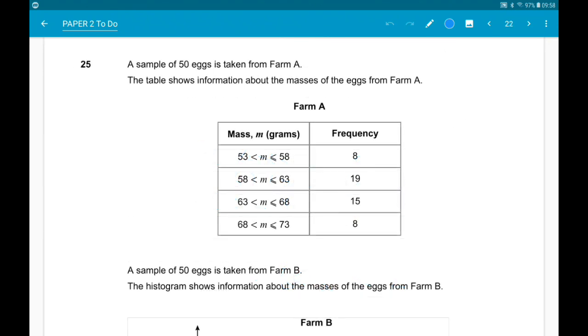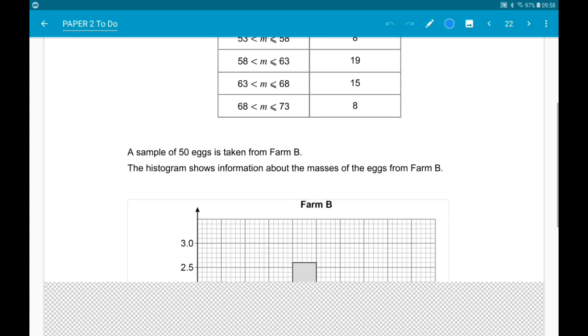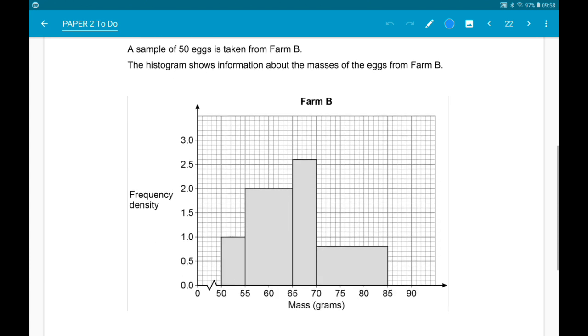Okay, number 25, we have some histogram fun, so my histogram's content is down below. So a sample of 50 eggs were taken from farm A. The table shows information about the masses of those eggs. A sample of 50 eggs was taken from farm B. The histogram shows information about the masses of those eggs.